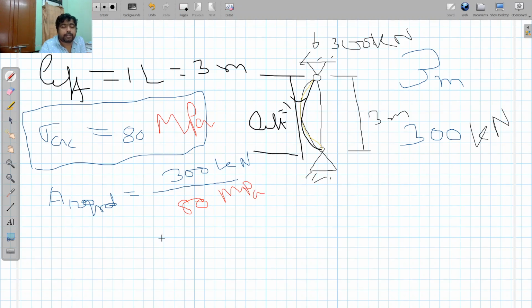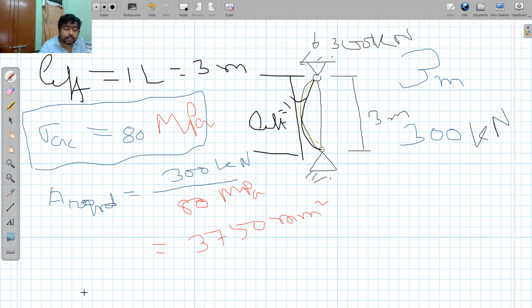If you divide it, it will give you the area required. In this case, area required is equal to 3750 mm square.